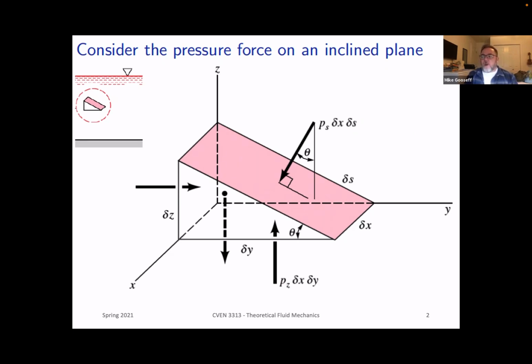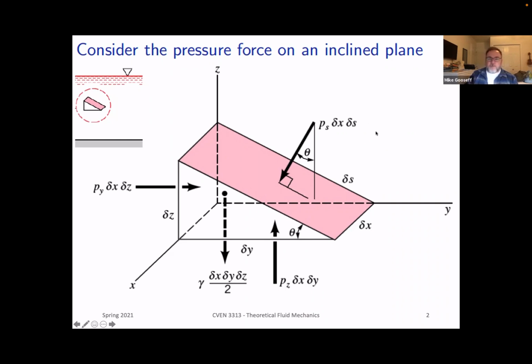So remember also that the resultant forces from these pressures on each one of these faces were simply the pressure value. So those are the small p's for these three, py, pz, and ps. Those three p's shown here for the three solid line arrows are multiplied by the area of those faces.